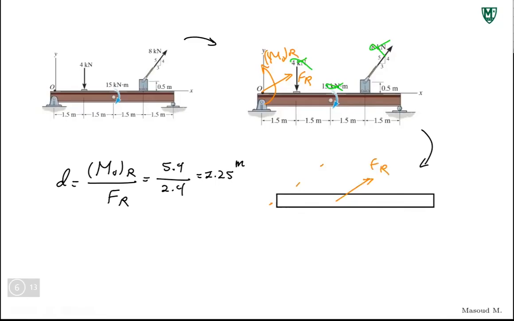I don't know where it is going to be, 2.25, but that's the equivalent of the whole system. So I went from this whole mess of a system of forces, one at an angle, one straight, the other a couple moment, to just this structure with one force. Now, if you want to do analysis later on, in solid mechanics, machine design, anywhere else, it's much easier.